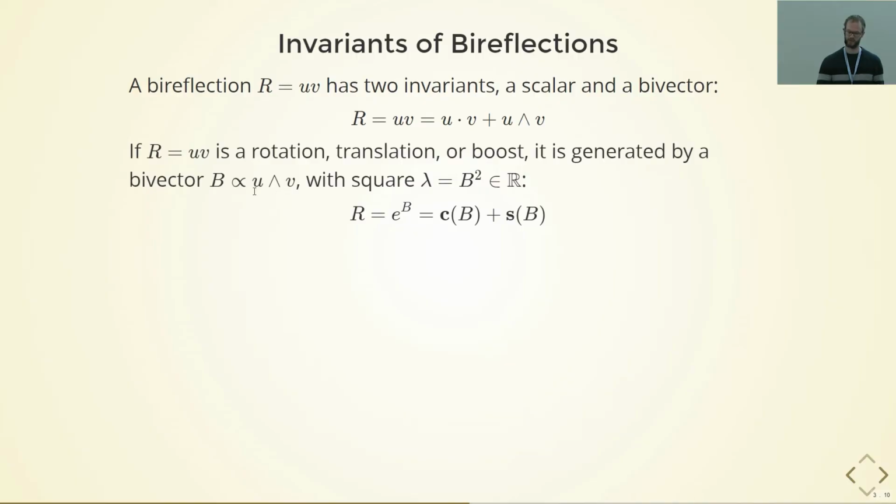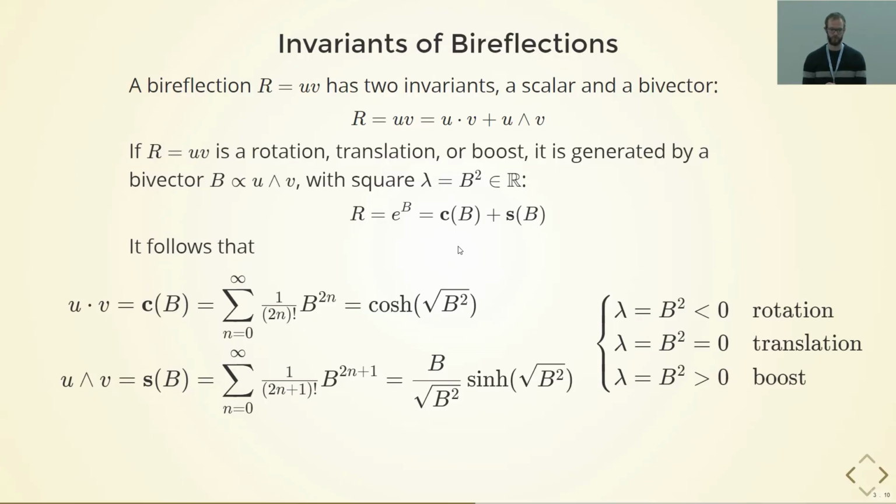And such a B always squares to a scalar, lambda, right? And so we can always write those as exponential functions. So if you have such a bireflection, so a rotation, a translation, those are always exponential functions.